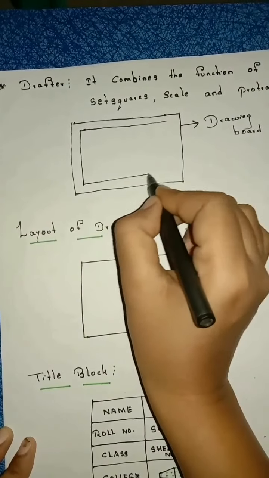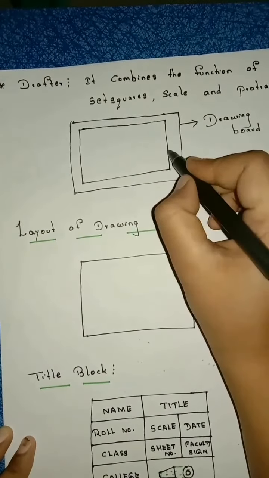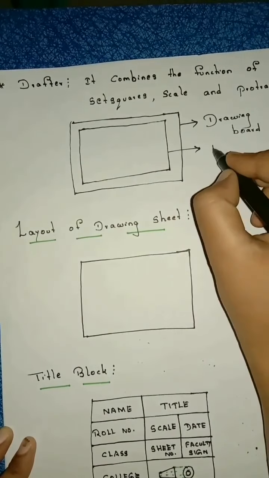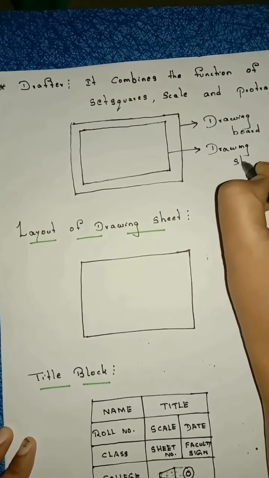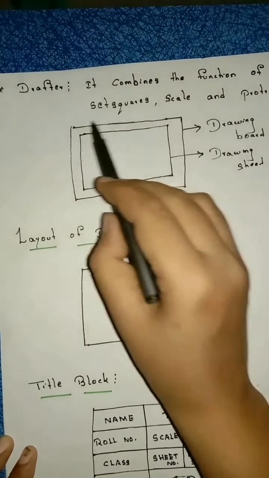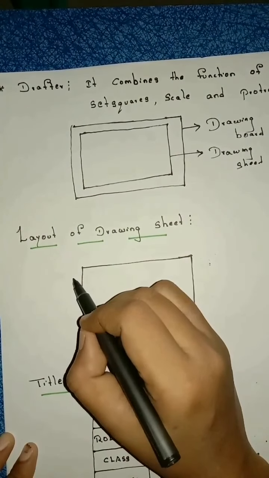The size of the drawing sheet is A2. Always we are preferring an A2 size drawing sheet. This is your drawing sheet, right? So on the drawing board we are placing the drawing sheet.